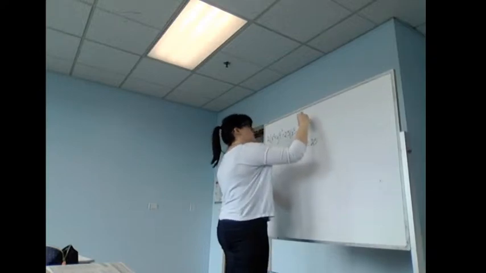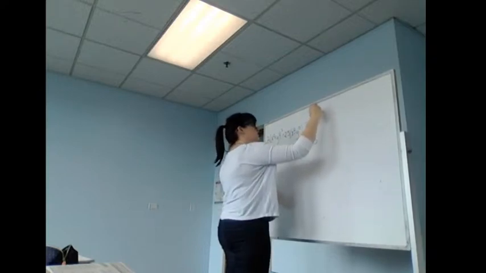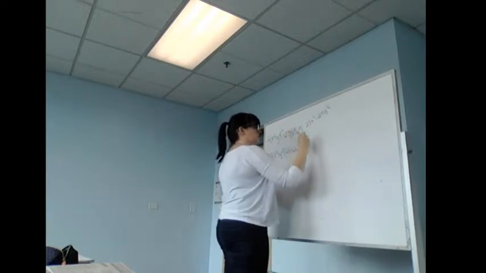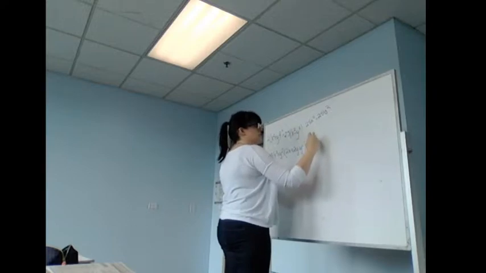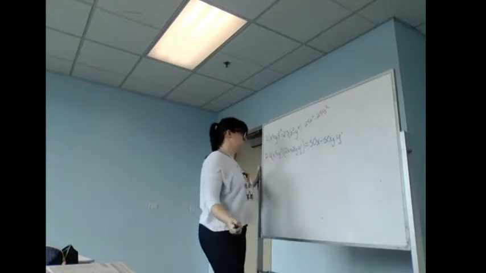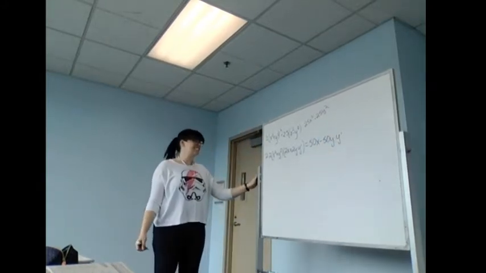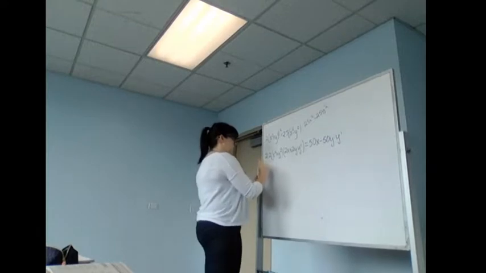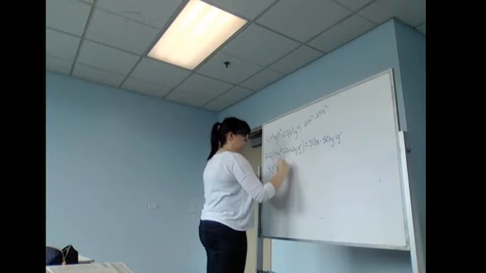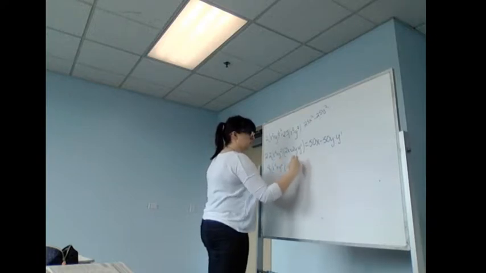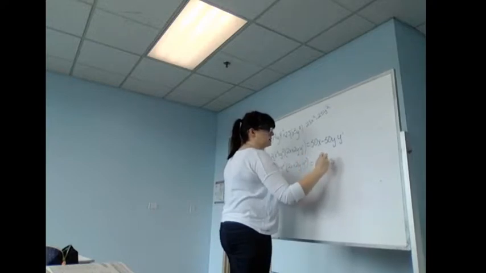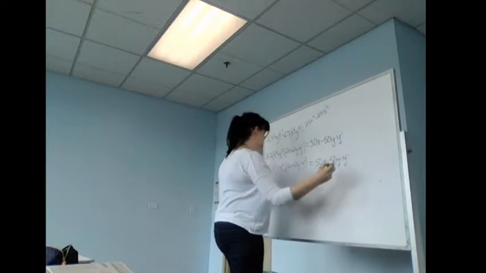So this became 25x squared minus 25y squared, so equals 50x minus 50y times y prime. So 4x squared plus y squared times 2x plus 2y times y prime equals 50x minus 50y times y prime.